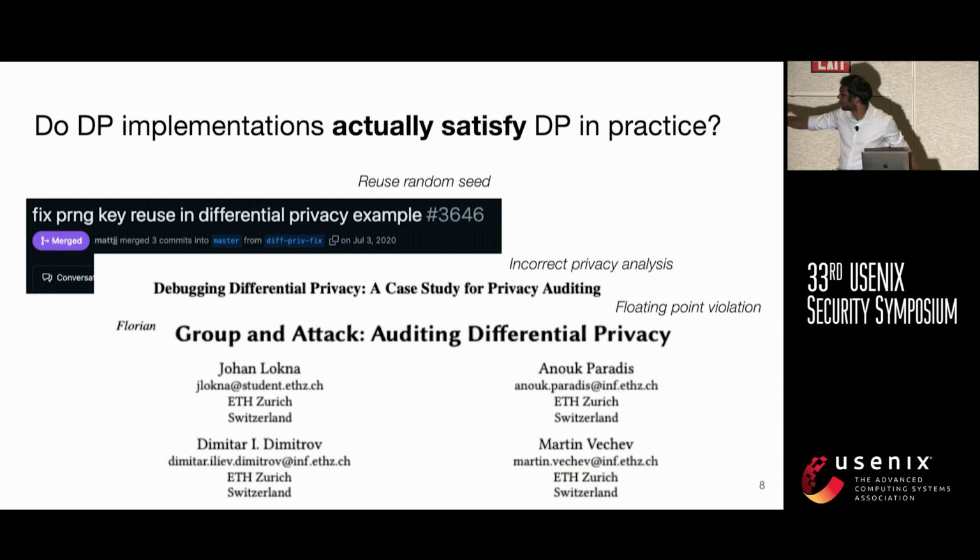One example is the first one that you see from GitHub. I believe this is the one from DeepMind, if I'm not wrong, where they were reusing the random number generator to generate the noise, which means that an adversary will be able to predict all of the noise and basically reverse engineer the whole thing.